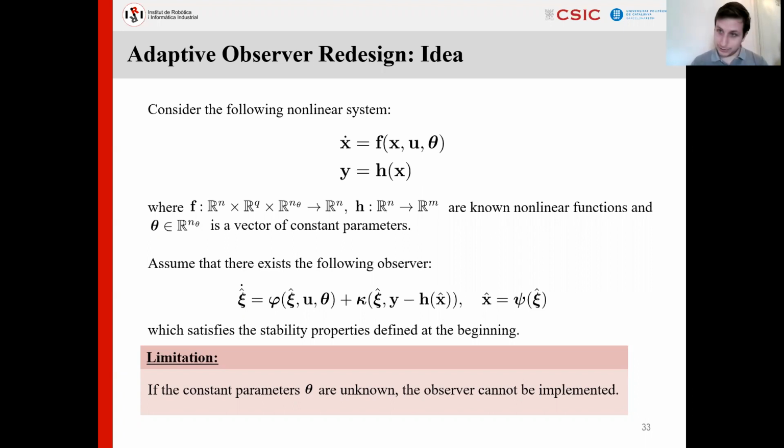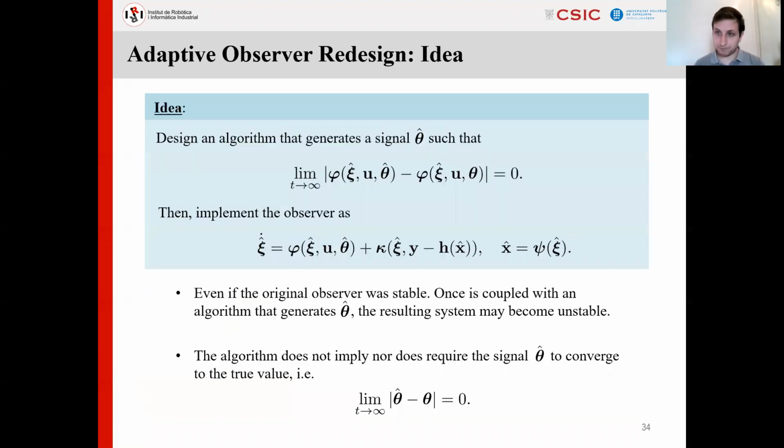This is why, in this thesis, we explored an alternative known as adaptive observer redesign. The idea is to couple the observer with an algorithm that generates a parameter estimation theta hat, such that this function depicted in this slide converges to 0.